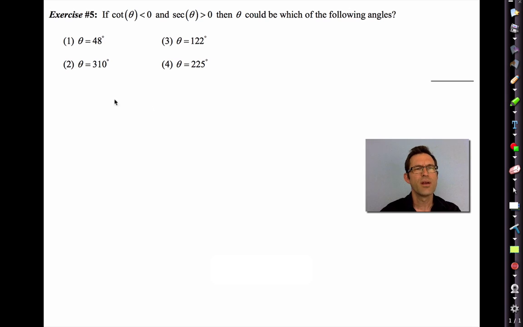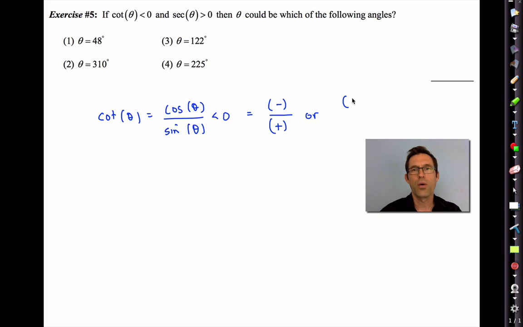Cotangent of theta will be cosine theta divided by sine theta. And we're being told it's less than 0. So that means it's either this scenario or it's this scenario, right? Either way, we're going to get a negative out of this.